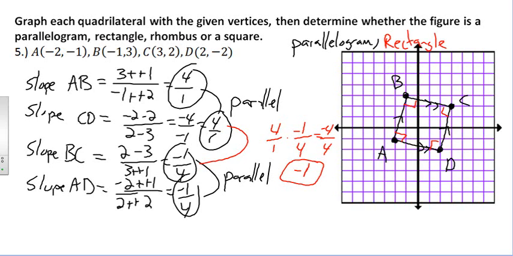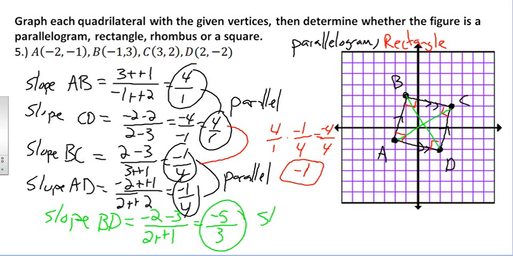Next, to figure out if it is a rhombus, I'm going to do the slope of the diagonals. Because if something is a parallelogram, then it is a rhombus as well if those diagonals are perpendicular. So let's do the slope of BD. -2 minus 3 is -5 over 2 plus 1 is 3.